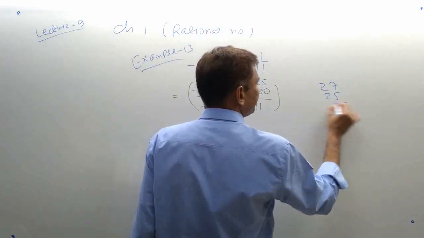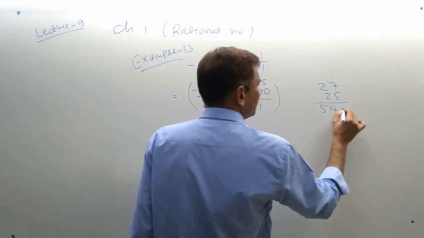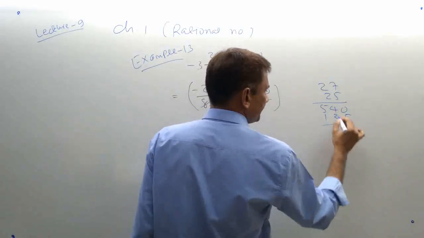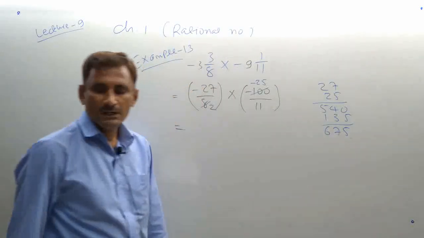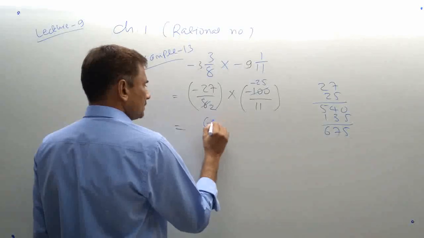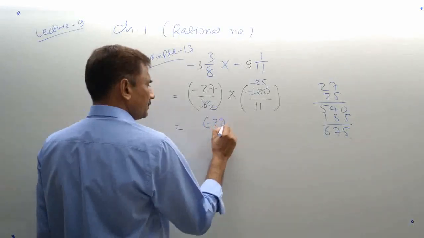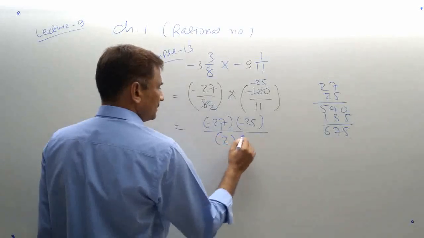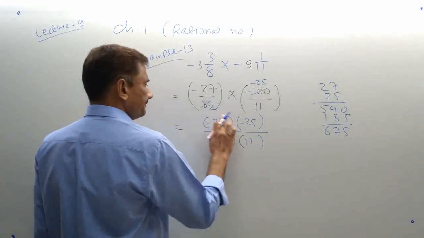So 27 into 25: 5 7s are 35, 5 2s are 10, 13... it is 675. Otherwise, you can write once whatever is left before giving the answer, then multiply them.